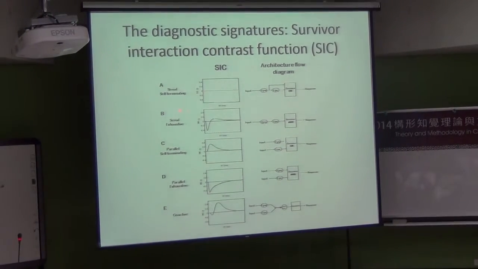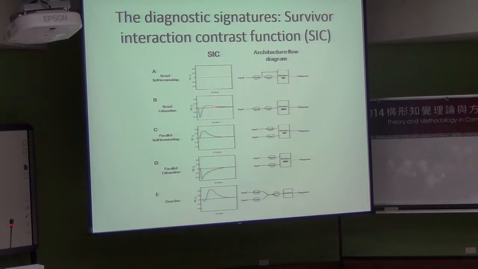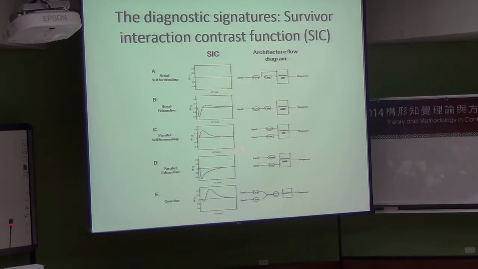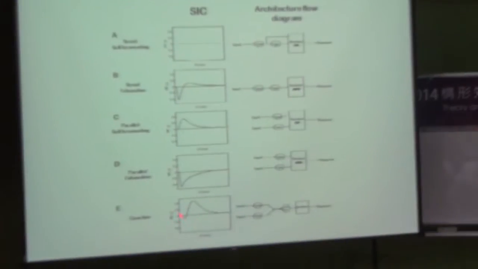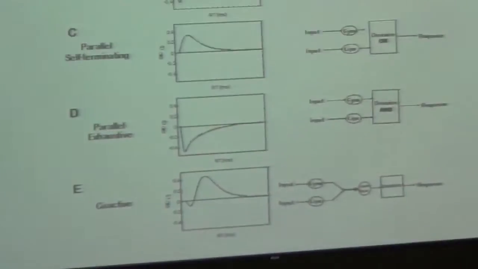The areas should be equal. The parallel self-terminating model will have a positive function all the time. This is time, and this is just the value of the function. For the parallel exhaustive model, we have a negative function, just the flipped one. And for the coactive model, we have a distinct shape of a positive function, but with a smaller negativity at the beginning.